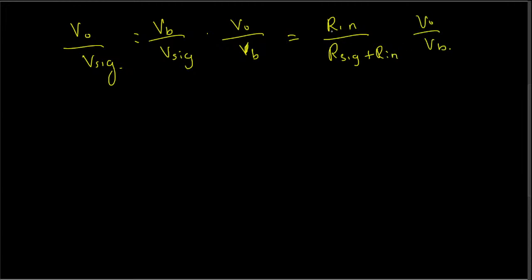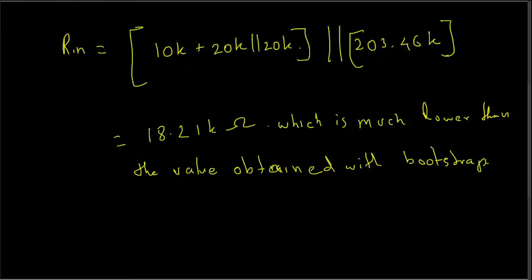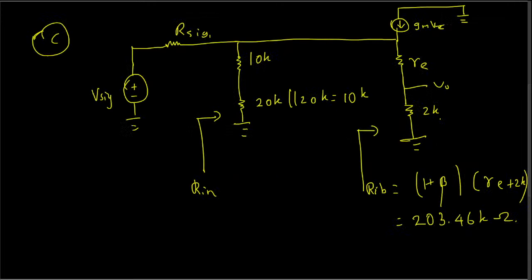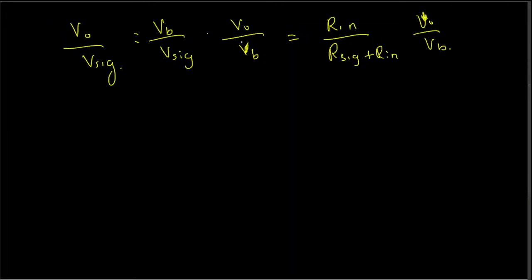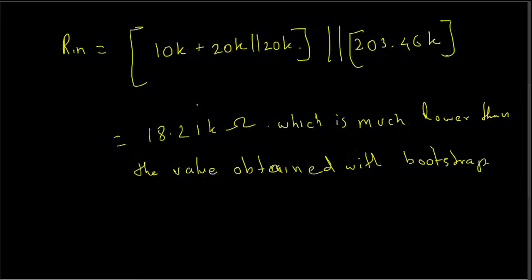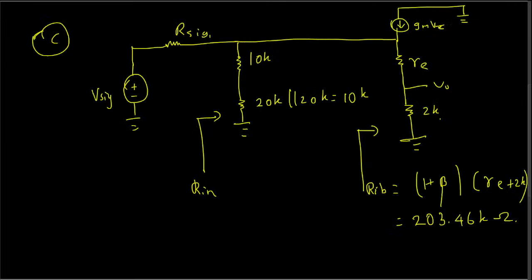But here we know the R_in, we know the R_sig, we don't know the Vo, and we don't know the Vb. We just calculated the R_in only, so we need to know both of these in order to solve this problem. So let's see how we can find those things. First, if I start with Vo, Vo is right here.